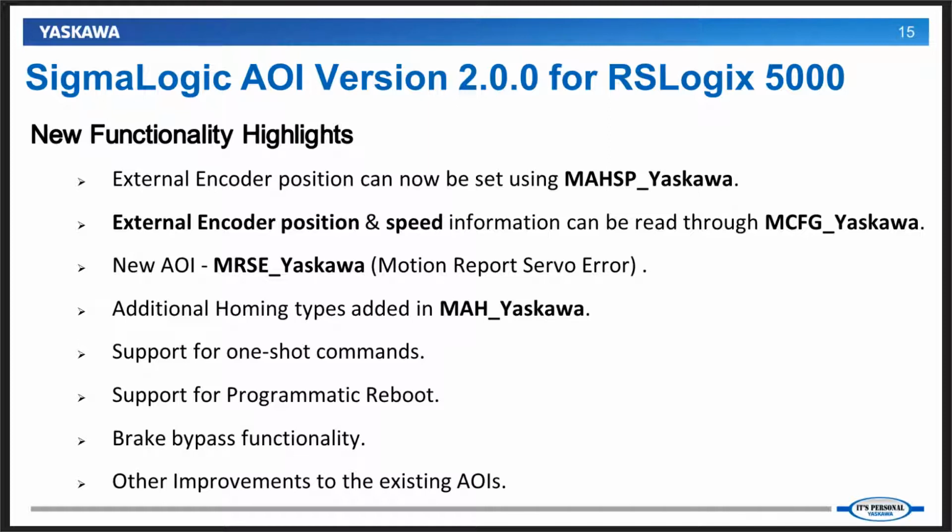Additional homing types have been added to the existing motion axis home Yaskawa AOI. We have added support for one-shot command to pretty much all of our motion related AOIs. And programmatic reboot is now possible. So you can actually program your master to reboot the SigmaLogic unit from your master program in RSLogix.